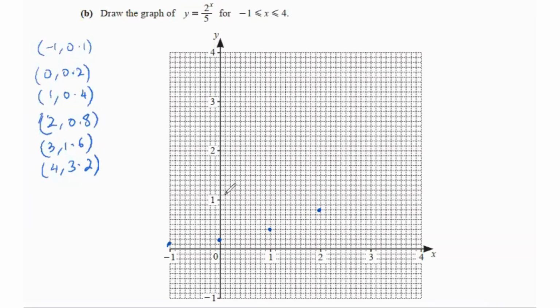So 1.6 is going to be this, at x equals 3. So this is our point.